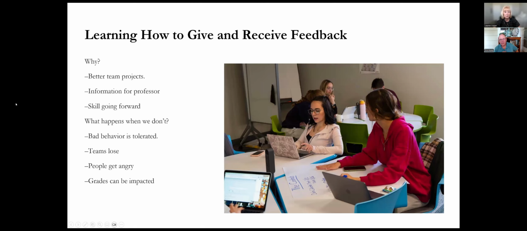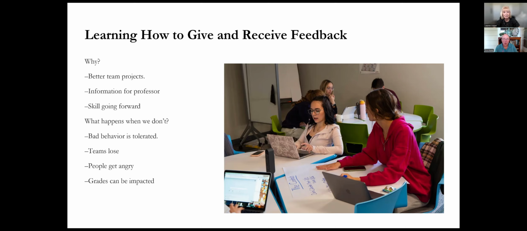So you might ask yourself, why should I be doing peer evaluation? And peer evaluation is really important for students. Number one, the most important reason is it makes for better team projects. When you're regularly evaluating one another and using that information to get better, your team project will be better as well. Number two is your professor looks at the end product, and that's all they can look at.